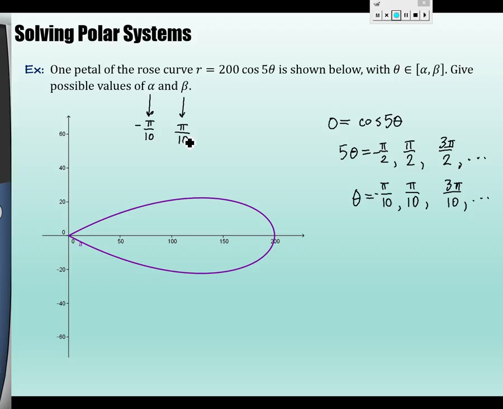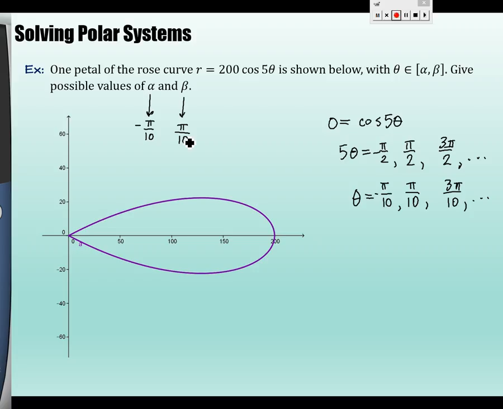So theta equals 0 better be in your interval. There are other options here too. It says give possible values for alpha and beta. You can also add 2 pi to both of those and have answers too. But that's probably the most natural choice, negative and positive pi over 10.